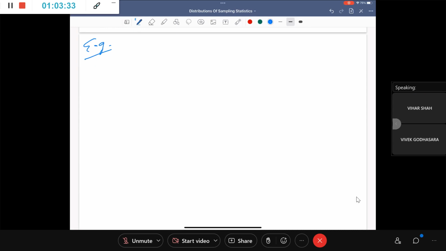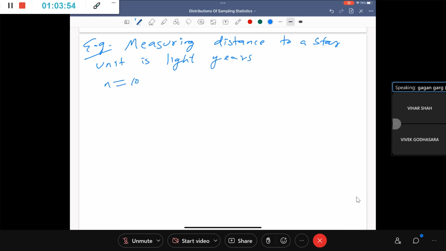Let's do one more example. So let's say we are measuring distance to a star. The unit is light years. You're making 10 readings, and your population mean is the actual distance.